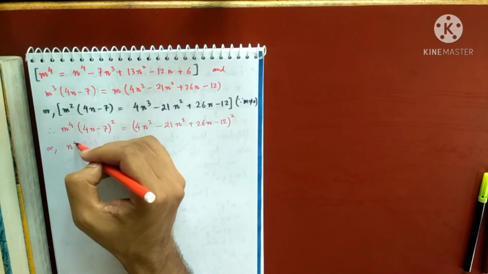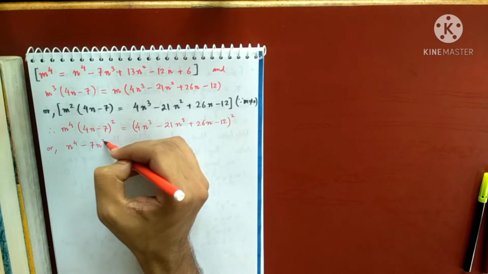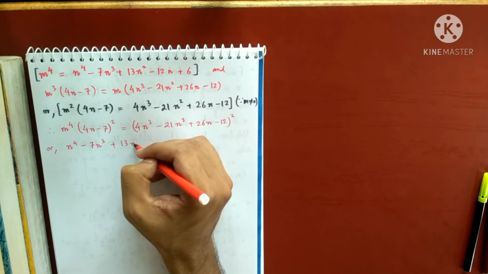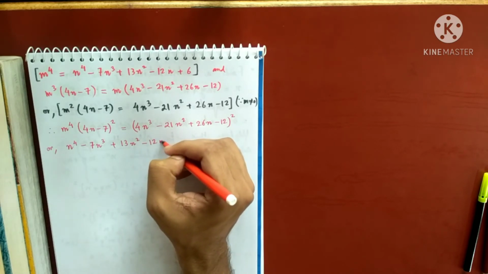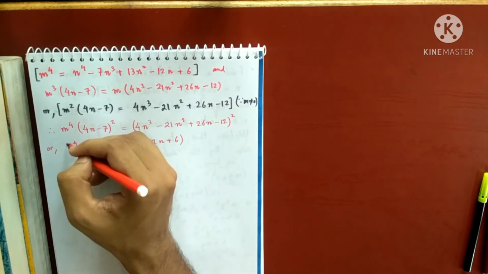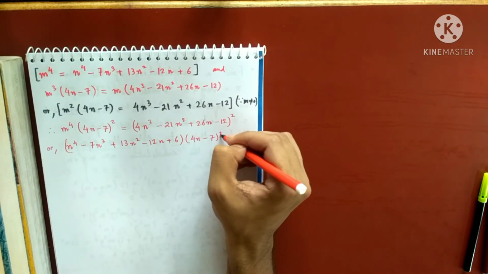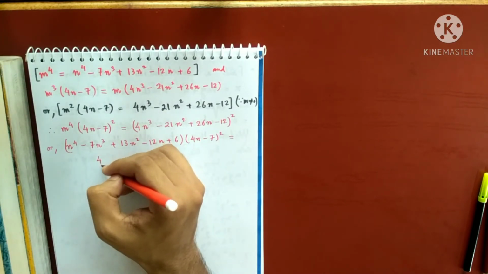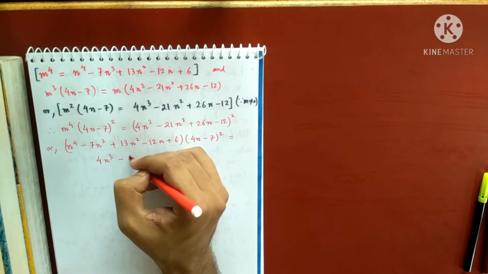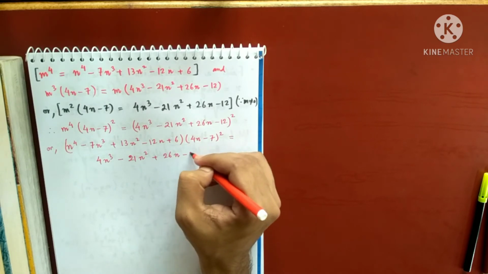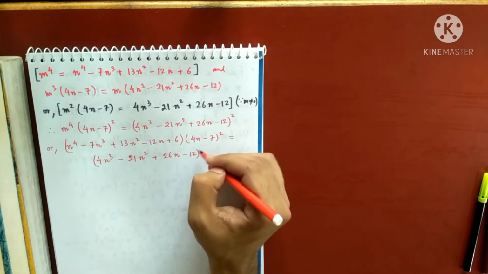So n to the power 4 minus 7n cube plus 13n square minus 12n plus 6, this with (4n minus 7) whole square equals (4n cube minus 21n square plus 26n minus 12) whole square.